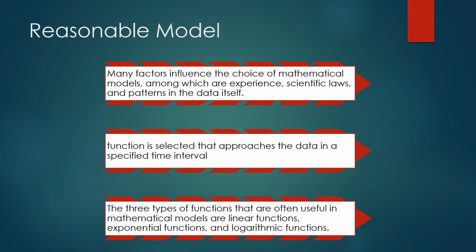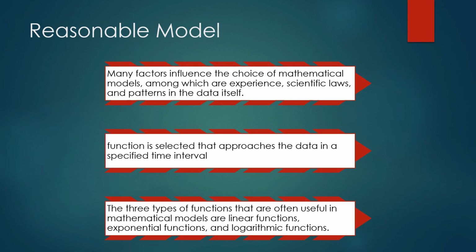First, many factors influence the choice of mathematical models, among which are experience, scientific laws, and patterns in the data itself. Second, a function is selected that approaches the data in a specified time interval. And last, the three types of functions that are often useful in mathematical models are linear functions, exponential functions, and logarithmic functions.